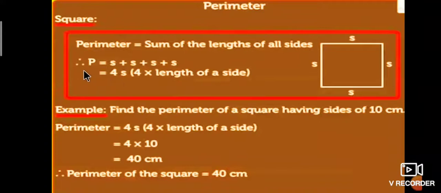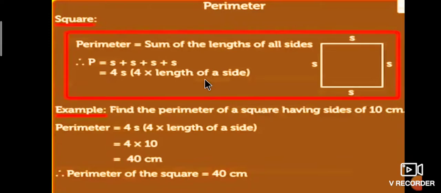Here S is the side length of the square, so S plus S plus S plus S is equal to 4S. It means 4 into the length of a side is the formula for the perimeter of a square.